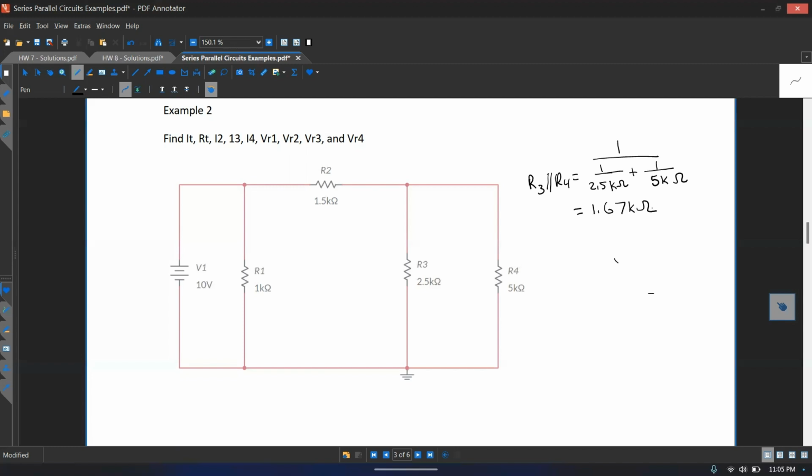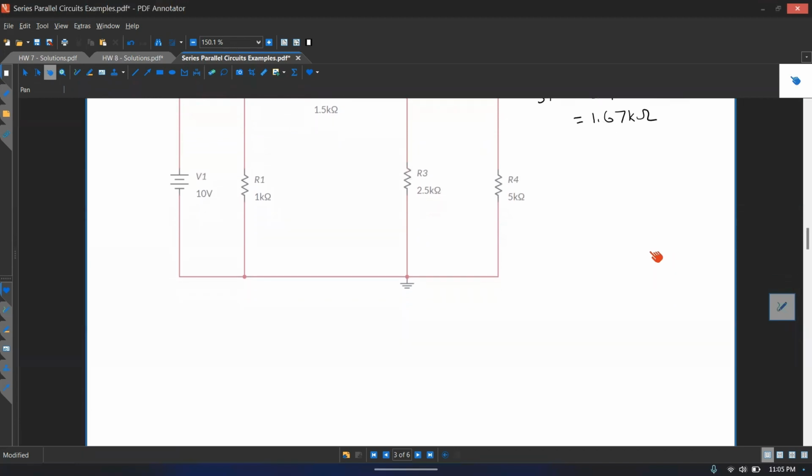All right, so that's the parallel combination of R3 and R4, which is 1.67 kilo ohms. Once we add these two together in parallel, let's go ahead and redraw the circuit. The circuit will look something like this.